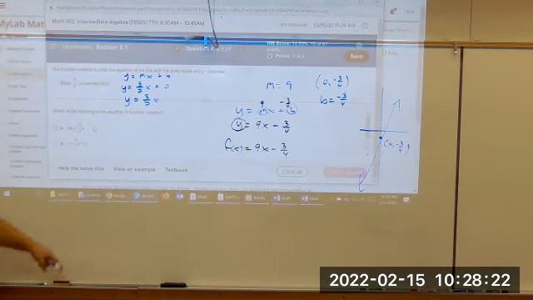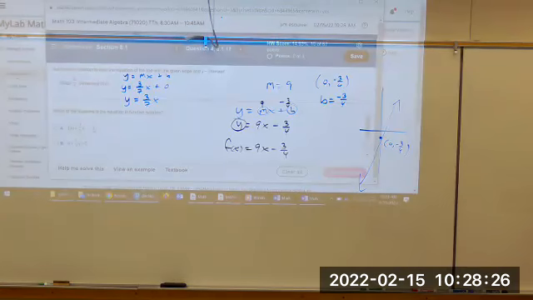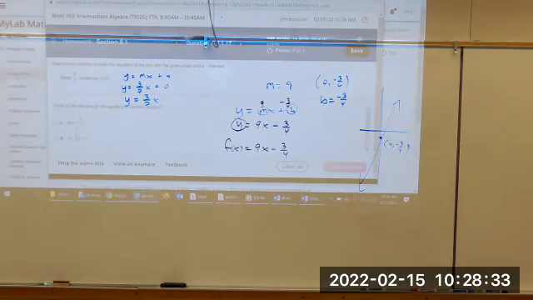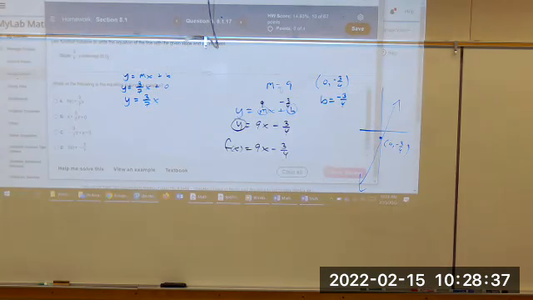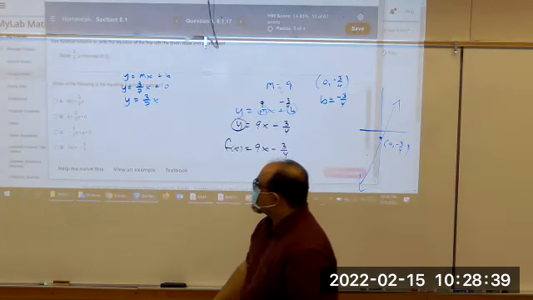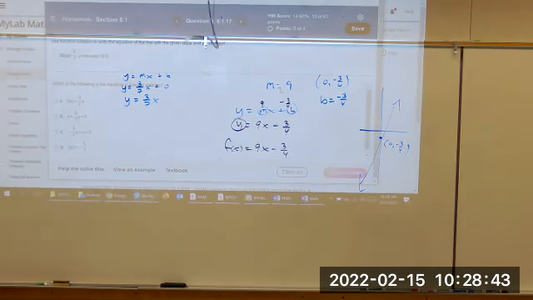So f of x, now of course, this is multiple choice on this one. If we're doing choices, process of elimination. Anytime you take a multiple choice anything, look at all of the answers.